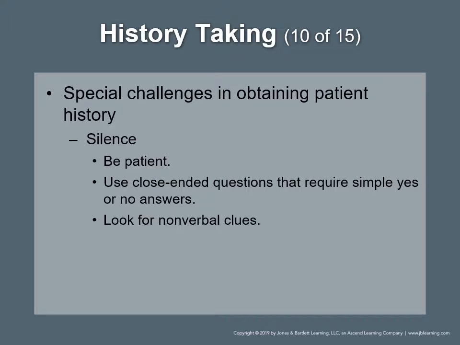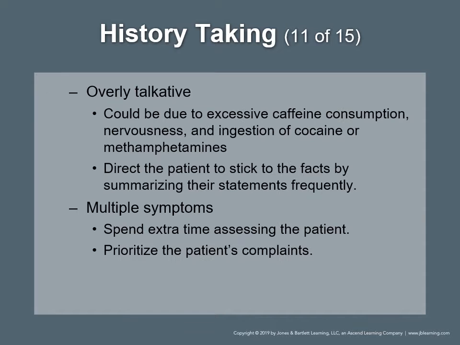If they're silent and not talking to you, maybe the rapport that you start obtaining will overcome that, and maybe they will talk to you. Sometimes just asking simple yes and no questions at the beginning helps them to open up. Maybe your partner has a better rapport for some reason. Maybe they've connected with them, and so maybe they can start asking questions. So there's all kinds of ways to overcome some of these challenges.